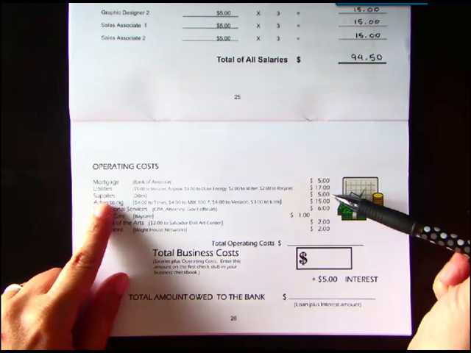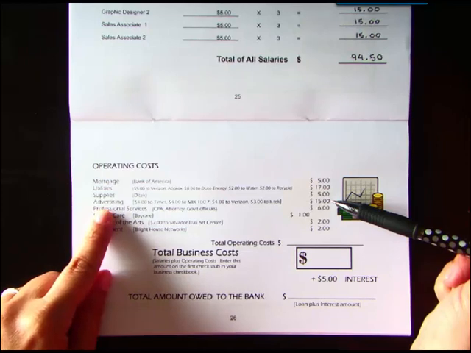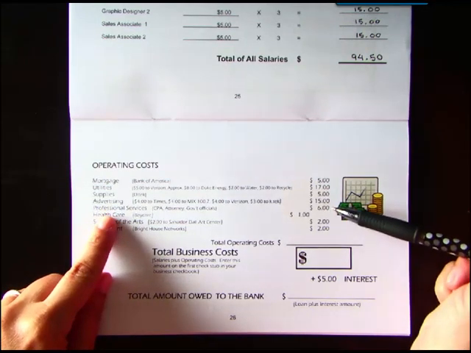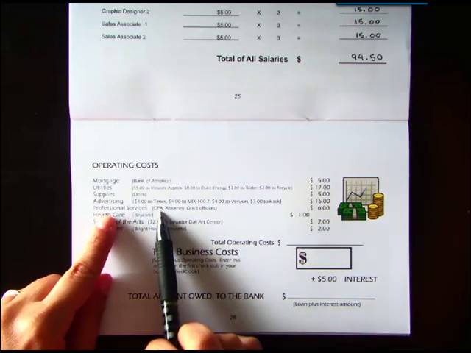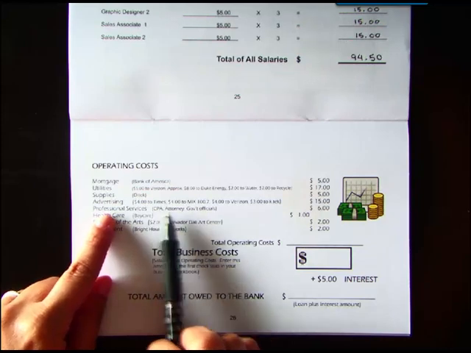Supplies, office supplies, is $5. Advertising is $15. Right? We have to advertise our business if we want people to come buy things. Professional services are $6. So these people, your CPA, which is your accountant, they help you figure out your money.